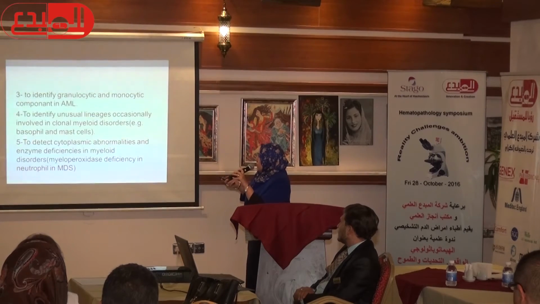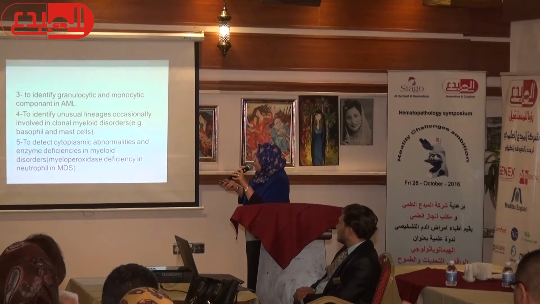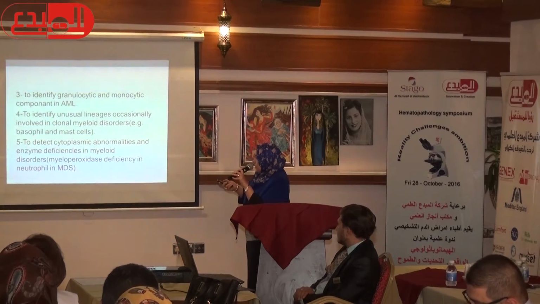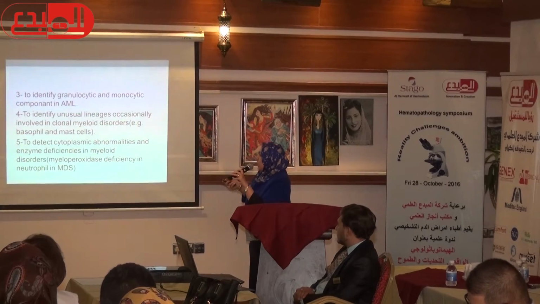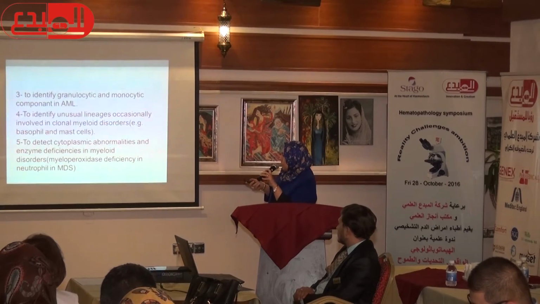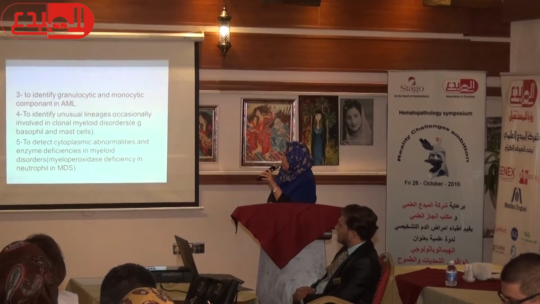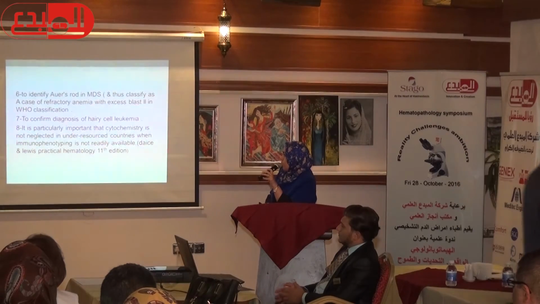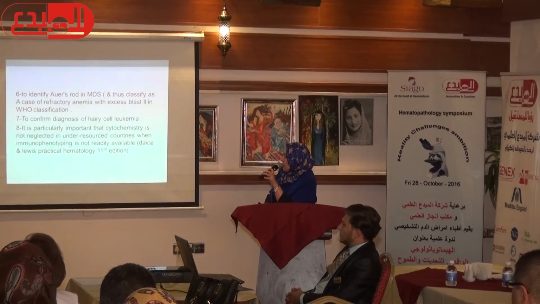To identify granulocytic and monocytic components in AML; to identify unusual lineages occasionally involved in a clonal myeloid disorder, for example basophils and mast cells; to detect cytoplasmic abnormalities and enzyme deficiencies in myeloid disorders, for example MPO deficiency in neutrophils in MDS; to identify Auer rods in MDS, and thus classify a case as refractory anemia with excess blasts 2 in the WHO classification.